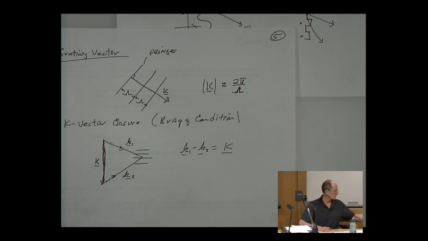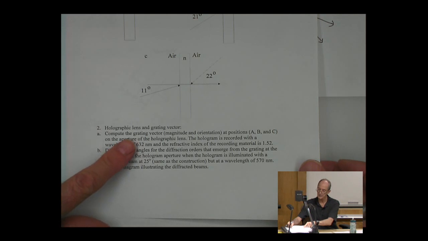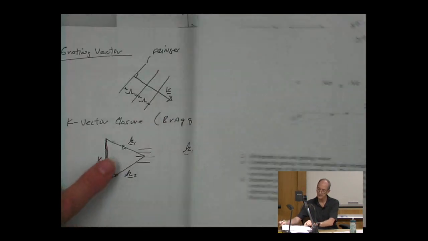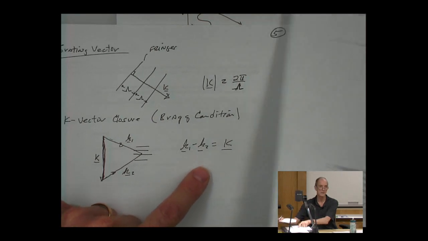Now we could answer the rest of that question on that homework problem. We can actually answer it even prior to this. So we have, compute the grating vector. We can get the grating vector by knowing what the propagation vectors are here, k1 and k2.